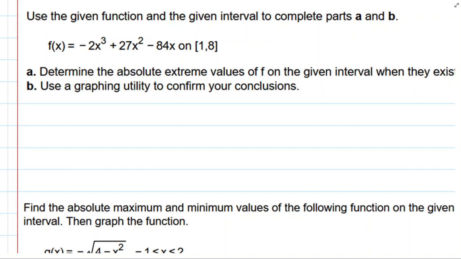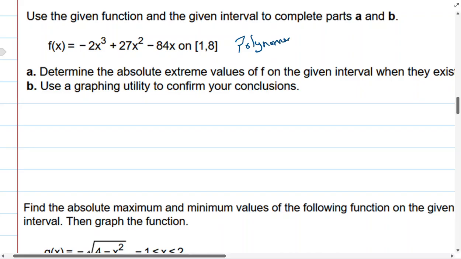Okay. This one has a polynomial of degree what? Of degree 3. And it's flipped, right? Because the leading coefficient of that 3 makes it not go from the negative, but go from the positive to the negative. And it is on a closed interval.